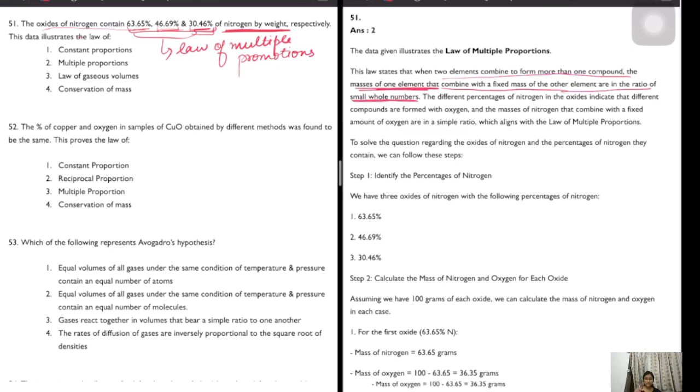So the different percentages of nitrogen in the oxides indicate that the compounds are formed with oxygen and different masses of nitrogen that combine with the fixed mass of oxygen. We have different masses of nitrogen, and oxygen of fixed mass. These combine in a whole number ratio, which aligns with the law of multiple proportions. Let's see how.